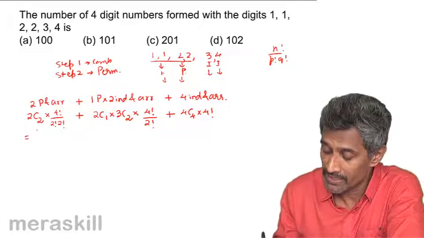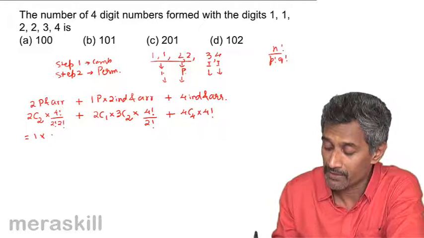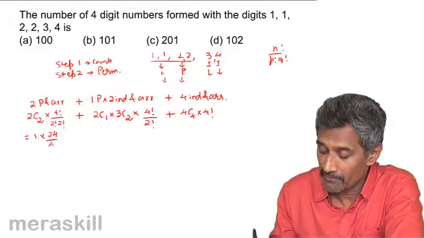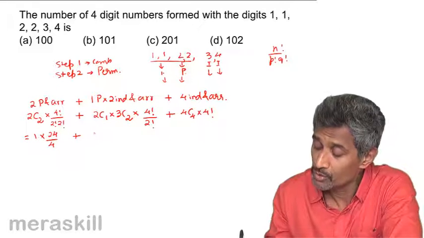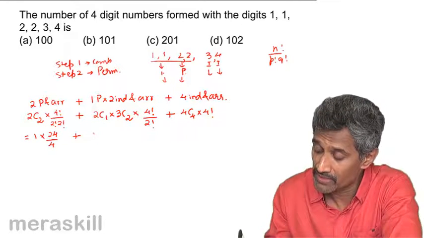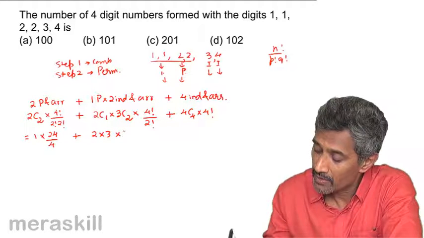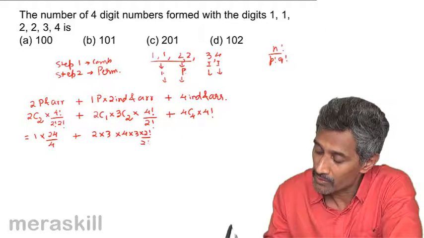Now this term 2C2 is going to be 1. This is going to be 4 factorial, 24 by 4, plus 2C1 into 3C2. 2C1 into 3C2 is 2 into 3 into 4 into 3 into 2 factorial by 2 factorial.